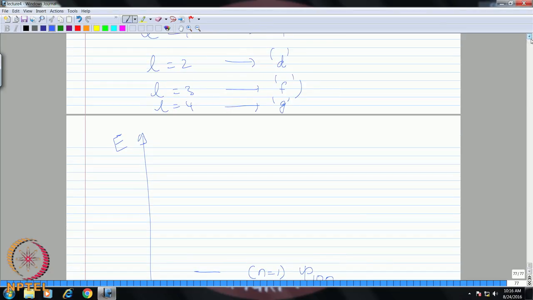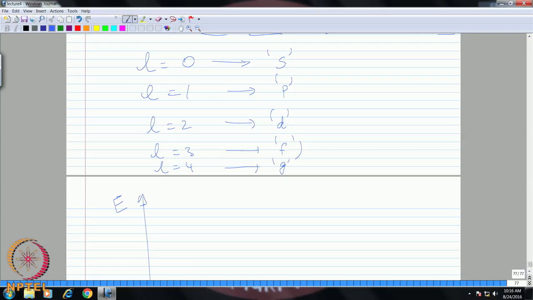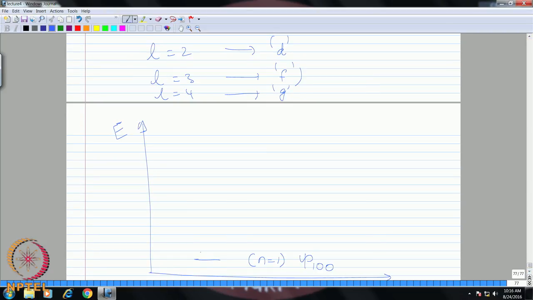L equal to 0 is the s orbital, so we have 1s. This quantum state denoted by n equal to 1 has only one wave function, which is called the 1s orbital. This has the energy of minus 13.6 electron volts. The electron occupying this particular quantum state is denoted by 1s electron.